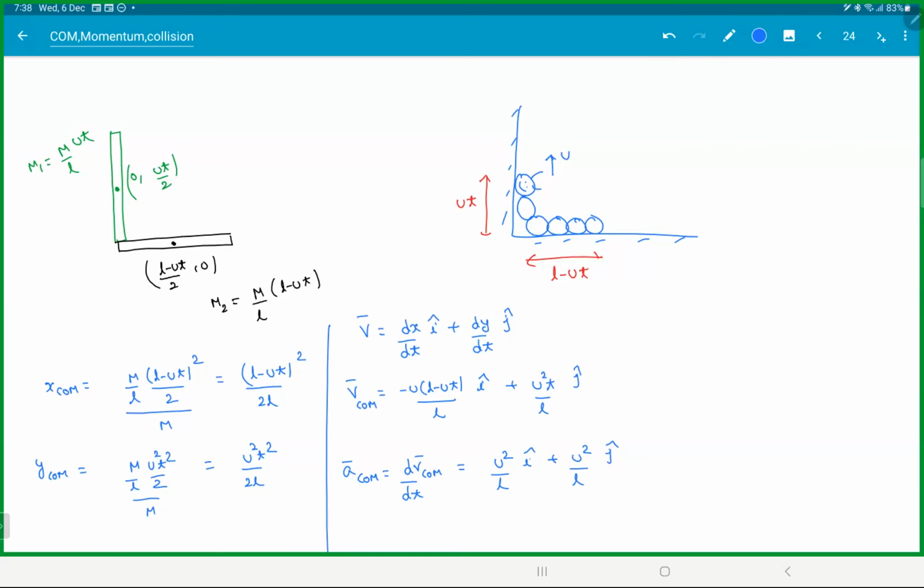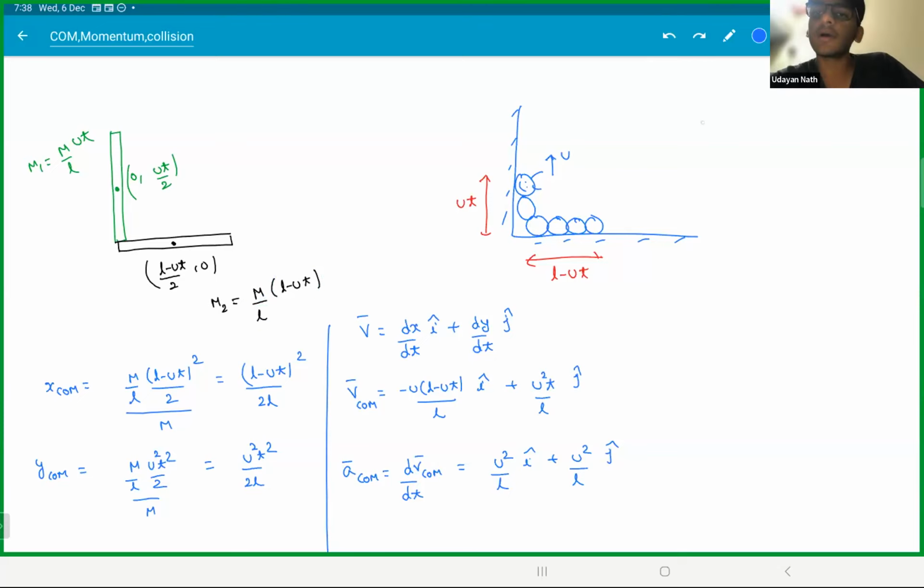Can you explain how you got m1 and m2? Mass is total mass by total length into the length of the piece, right? Sir, total mass of the caterpillar by total length of the caterpillar into the length of the caterpillar on the floor.